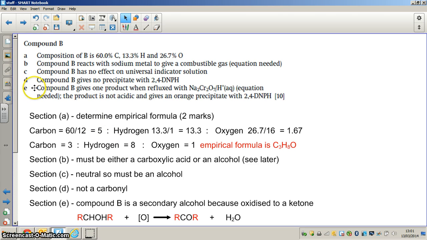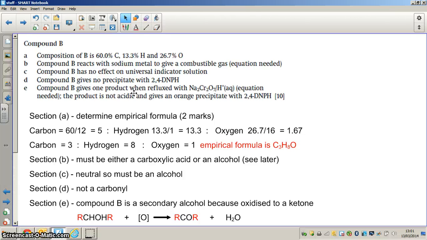Section E enables us to draw all this together, because it tells us that when we reflux compound B with sodium dichromate, we get an orange precipitate which is not acidic. So compound B must be being oxidized, and it's being oxidized to a product which stops before it basically gets to carboxylic acid. So what does that tell us?